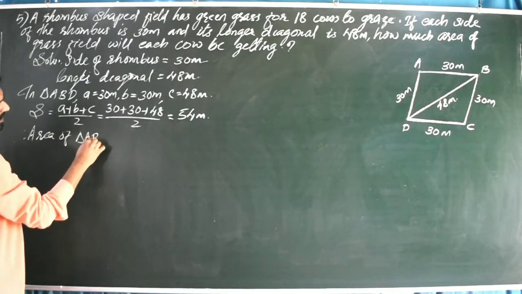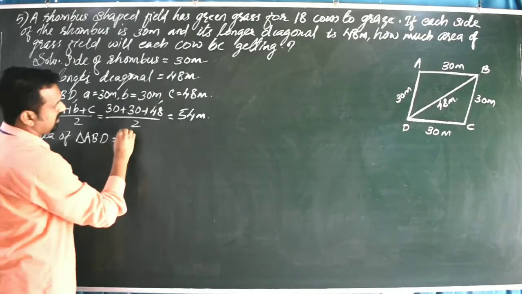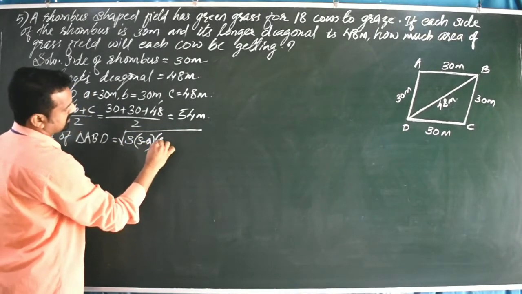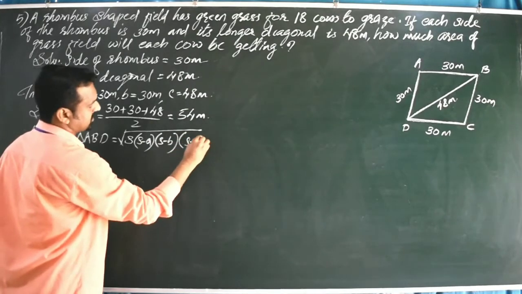Therefore the area of triangle ABD is equal to, what is the formula? Square root of S into S minus a into S minus b into S minus c.